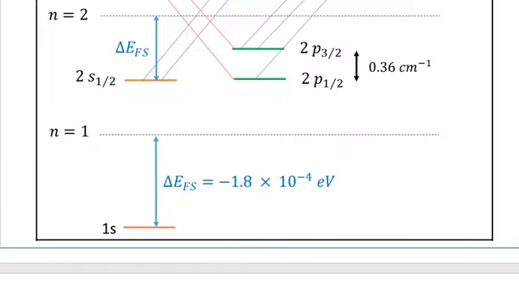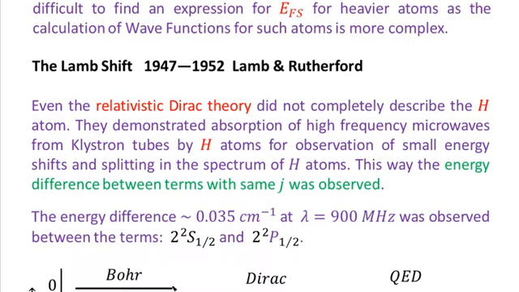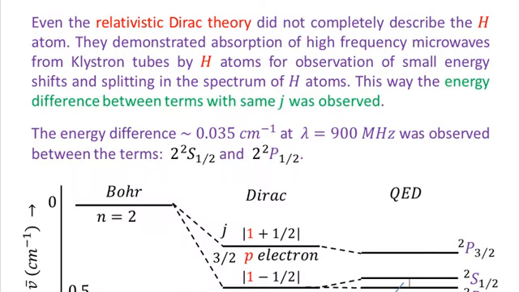This was confirmed when the hydrogen atom was made to absorb microwaves at about 900 megahertz, and an energy gap of the order of 0.035 centimeter inverse was observed between the 2s1/2 state and 2p1/2 state.